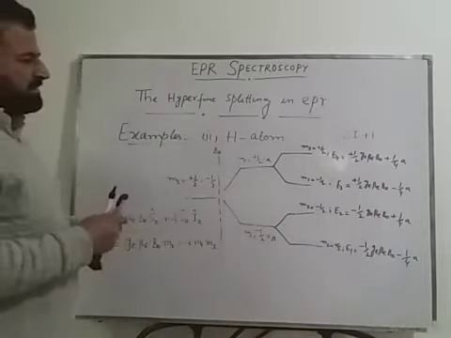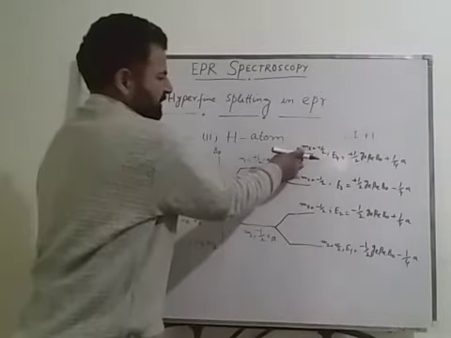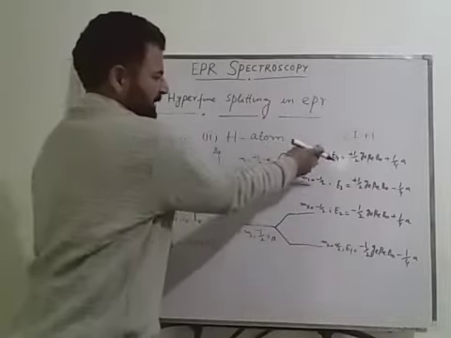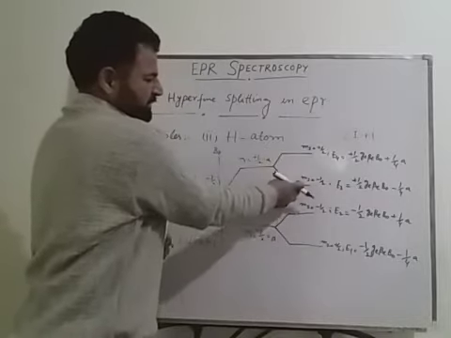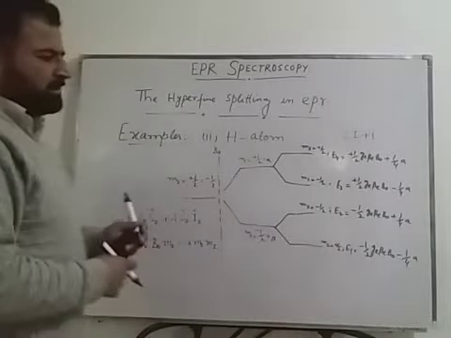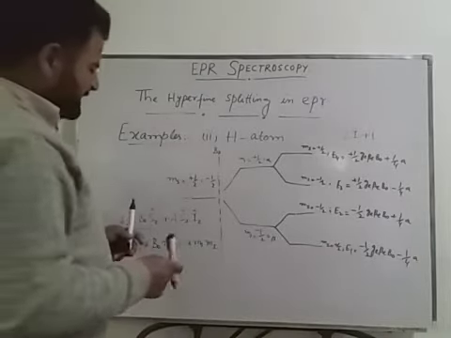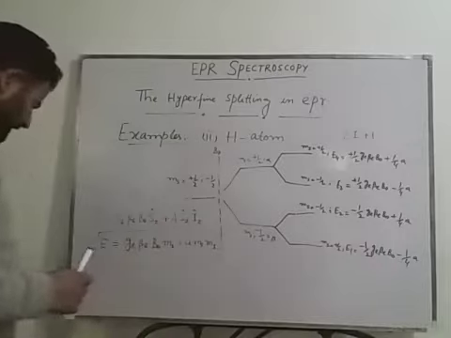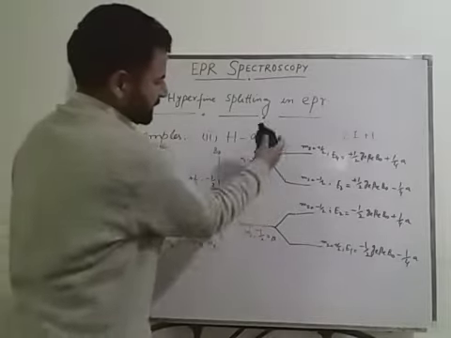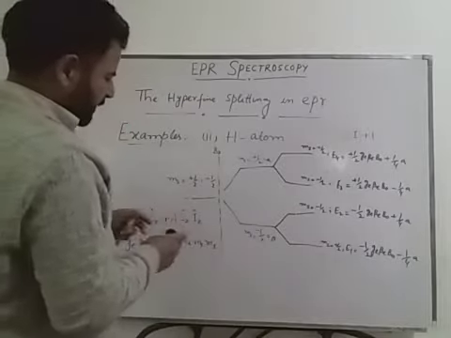Okay, on this basis we say that this energy level corresponds to nuclear spin angular momentum quantum number plus 1 by 2, and this corresponds to minus 1 by 2, this minus 1 by 2, and this plus 1 by 2. So there is a selection rule for how the electronic transitions, the spin transitions, actually take place between these energy levels.